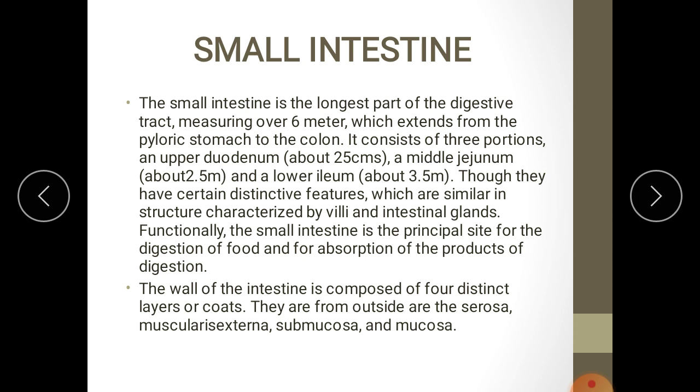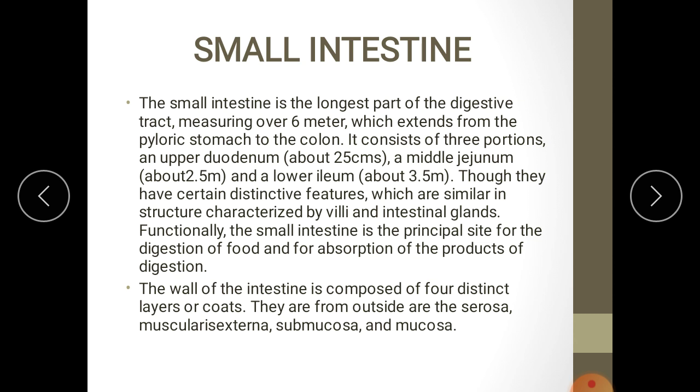So around 6 meter in length. It has three distinctive parts. Structurally they are a little bit different. The first part is duodenum, second part is the jejunum, and third part is ileum. Ileum connects to the large intestine.